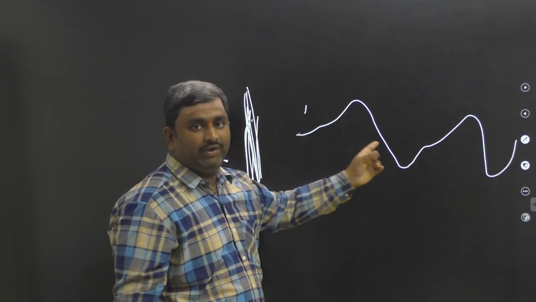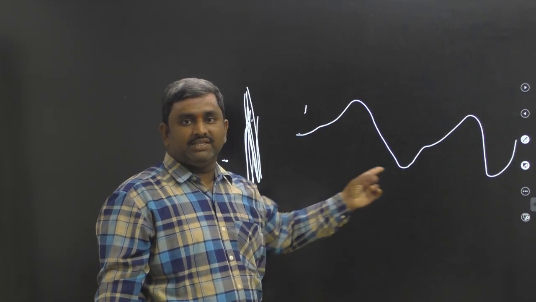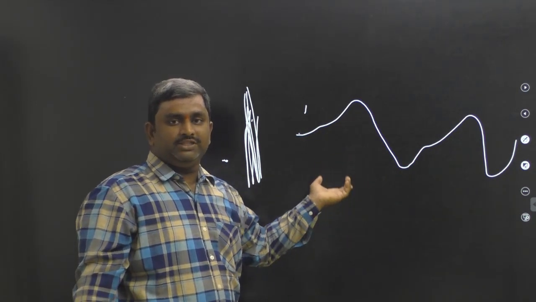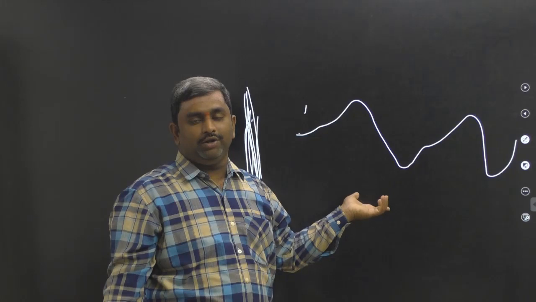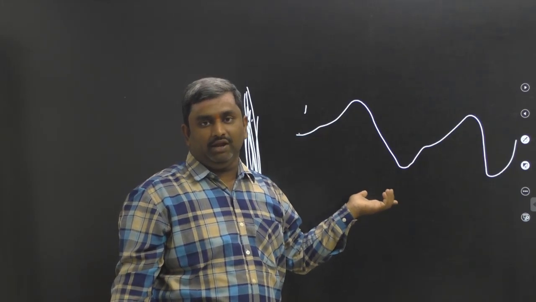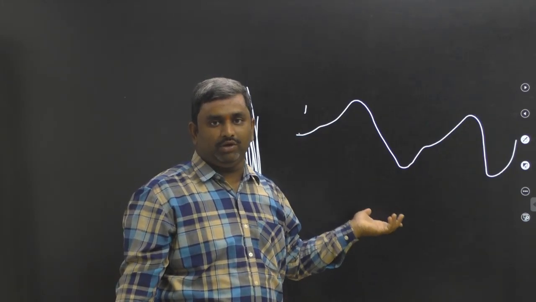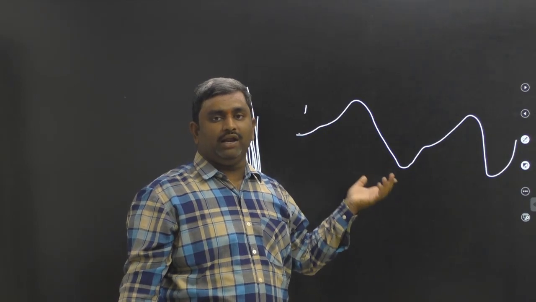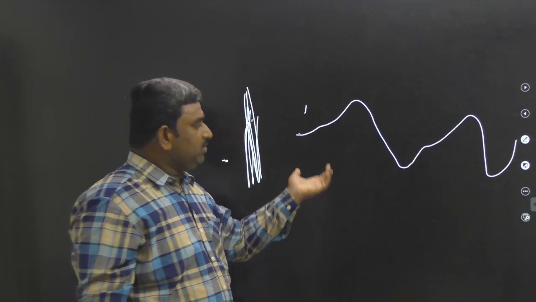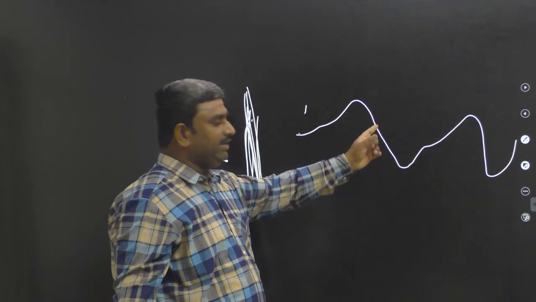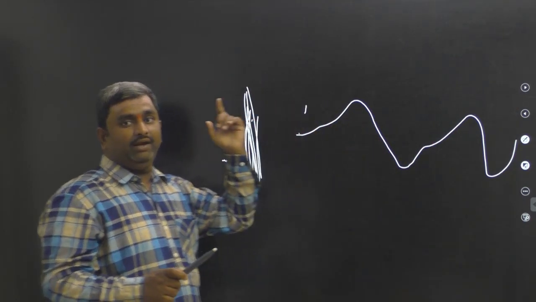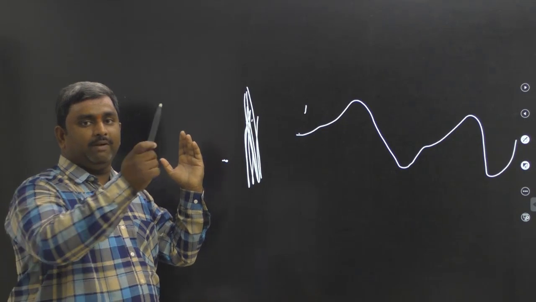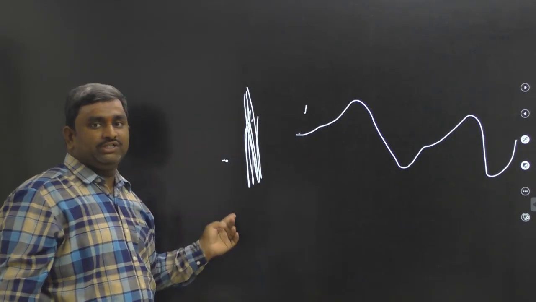So when both are moving, some graph is coming. So this may be ECG, electrocardiograph. This may be EEG, electroencephalograph, or electromyograph, or electrooculograph, or electroretinograph. Some graph. So when both arm and stylus are moving, I will get some graph signal. When the arm is not moving and only the stylus is moving, then I will get a straight line.